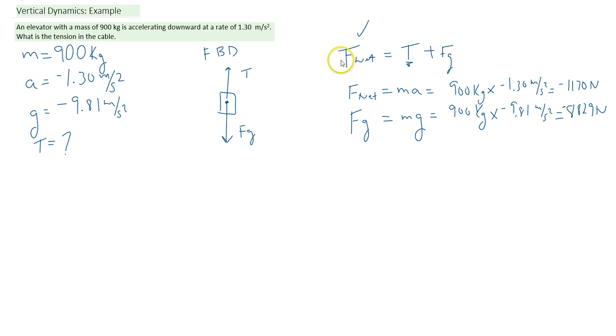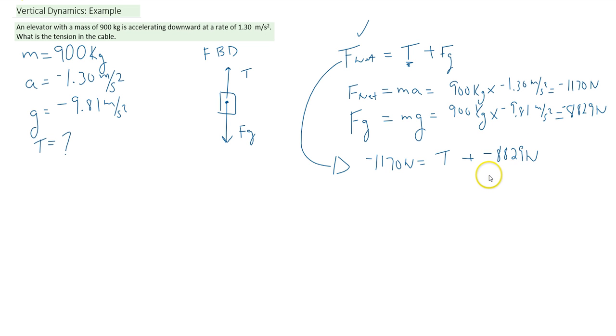So we can substitute in now to our net force equation. We have negative 1,170 newtons. That's equal to the tension, which we're looking for, plus the force of gravity, which is negative 8,829 newtons.